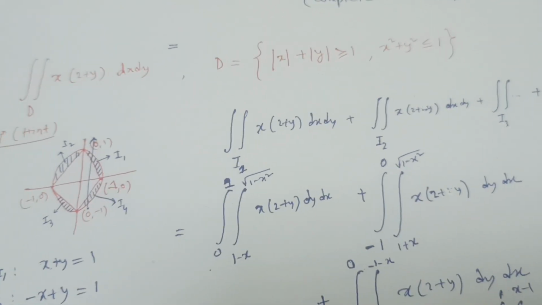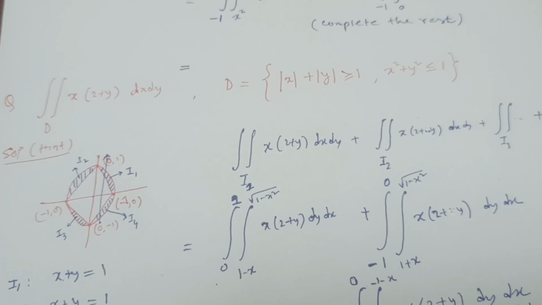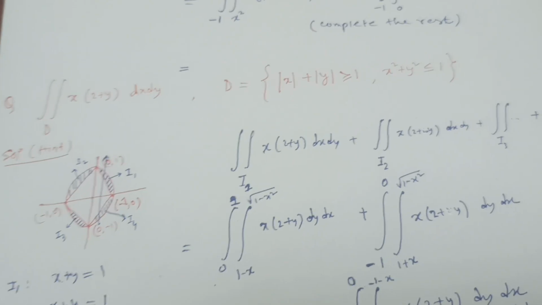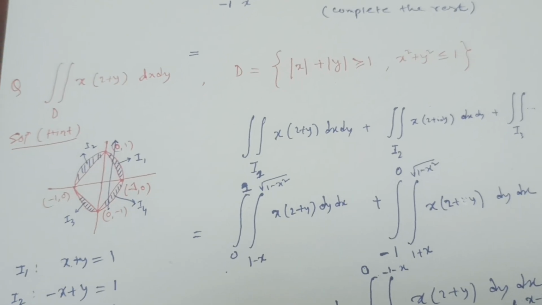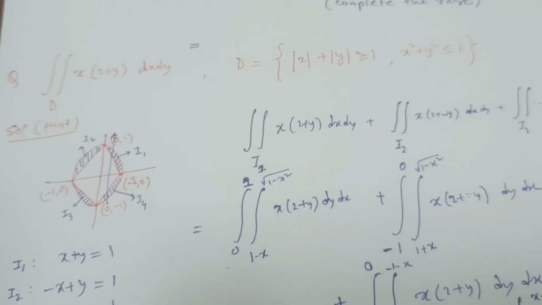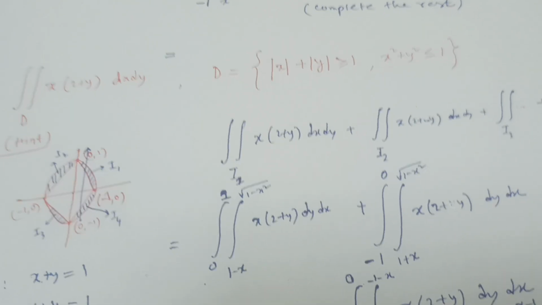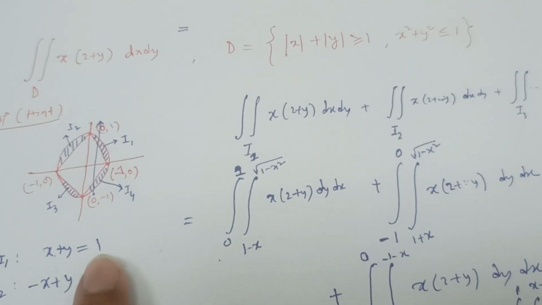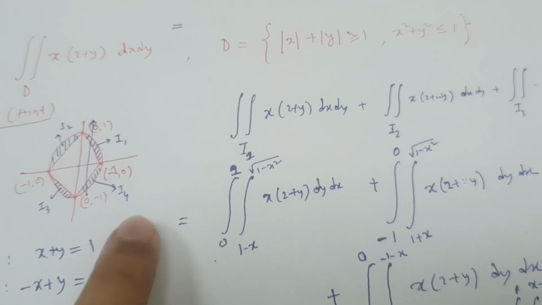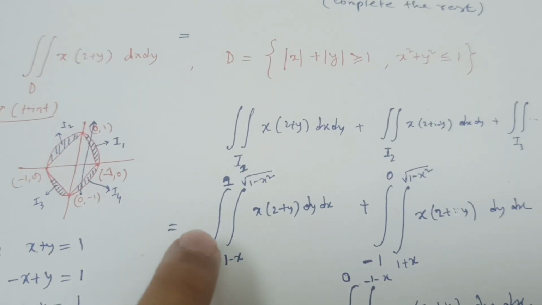Recall that the definition of the circle is x square plus y square equal to 1. That means y equals root over 1 minus x square, and I am taking the positive direction. So y goes from 1 minus x to root over 1 minus x square, and x is varying from 0 to 1. So this is my I1.